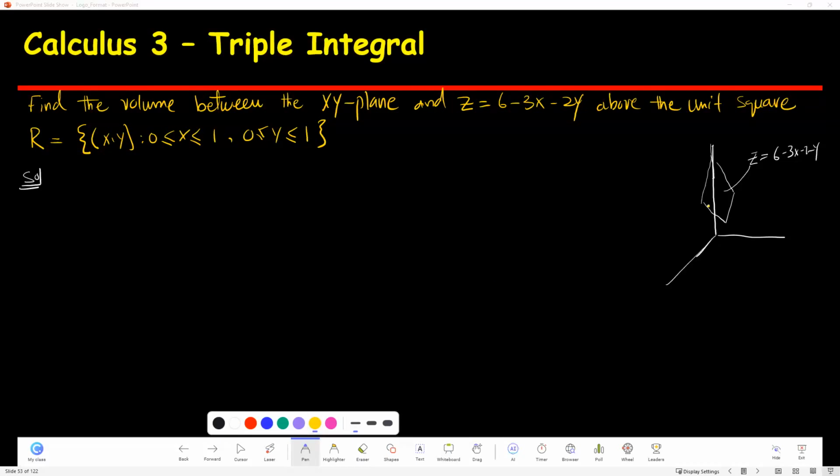When you drop down from this plane, like here, here, and here, this is my R. This region starts from x equals 0, y equals 0, and goes up to 1 on the x-axis. Same thing in y, it goes up to 1, x equals 1, y equals 1. This is my y-axis, and that is my z-axis.